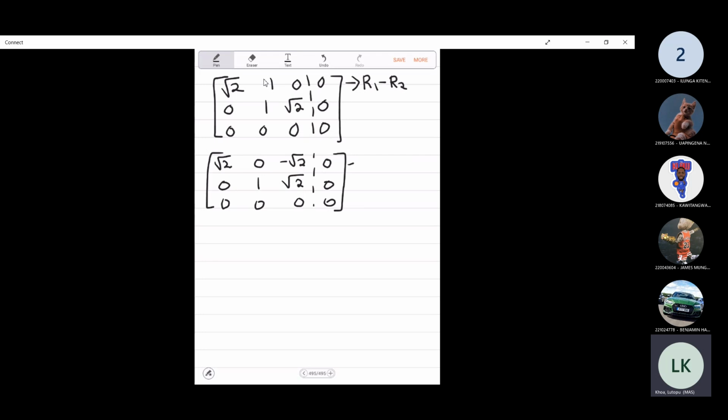Then here we can divide by square root of 2. 1, 0, minus 1, 0, 1, square root of 2, 0, 0, 0, 0, 0, 0, like that.